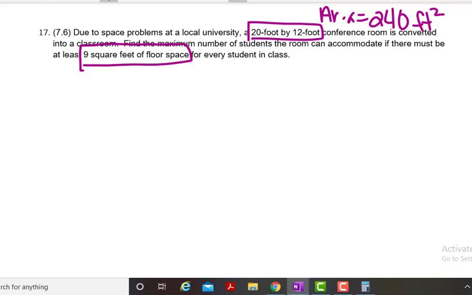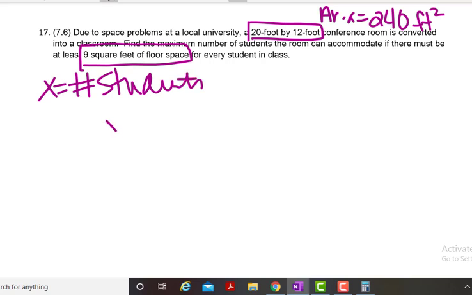So let's read it one more time. Due to space problems at a local university, a 240 square foot conference room is converted into a classroom. Find the maximum number of students the room can accommodate if there must be 9 square feet of floor space for every student in class. So X is equal to the number of students that the room can accommodate.